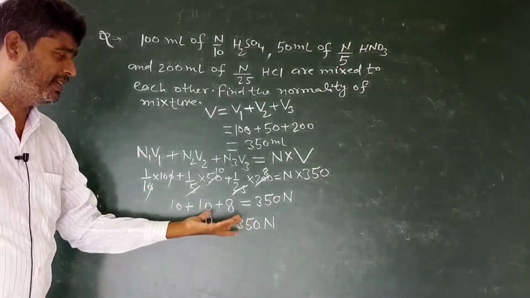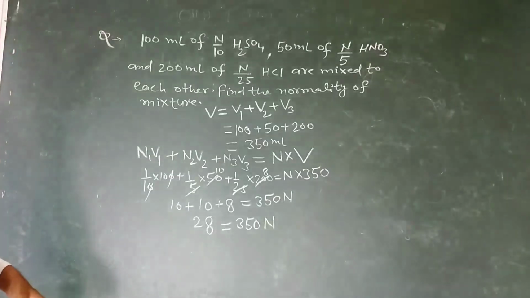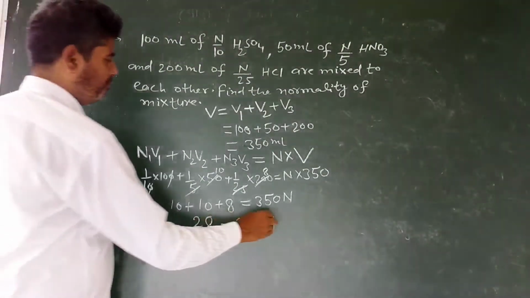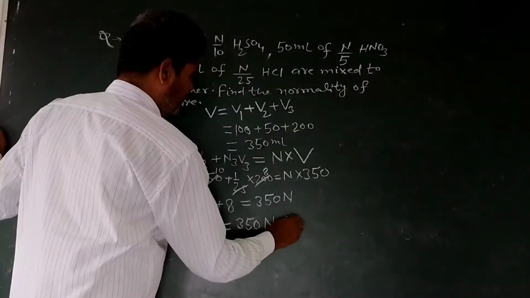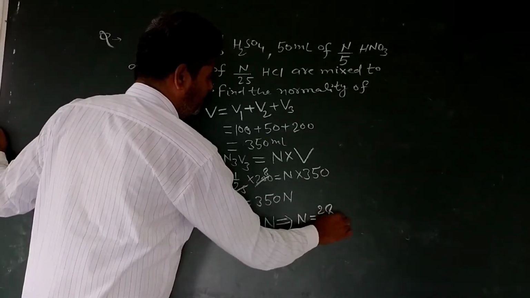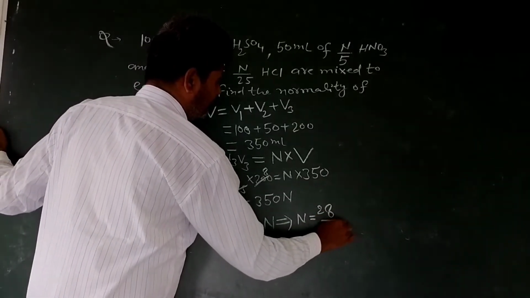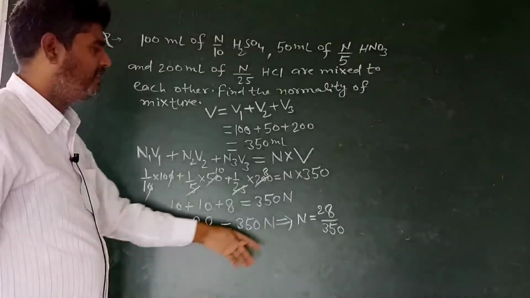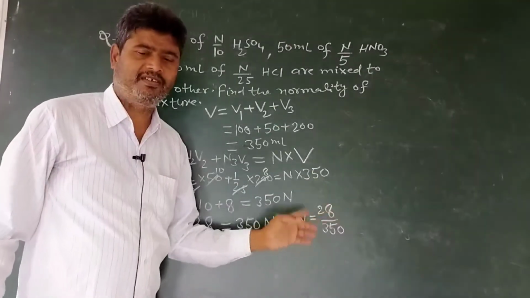That would be the normality of the mixture. So thus it implies that N is equal to 28 upon 350. This is our answer.